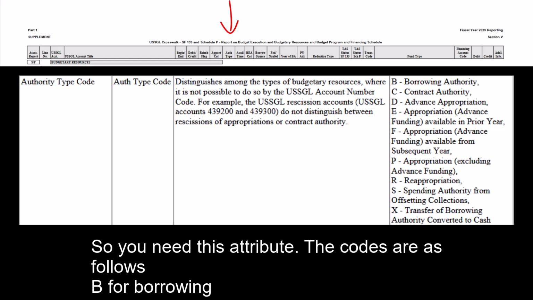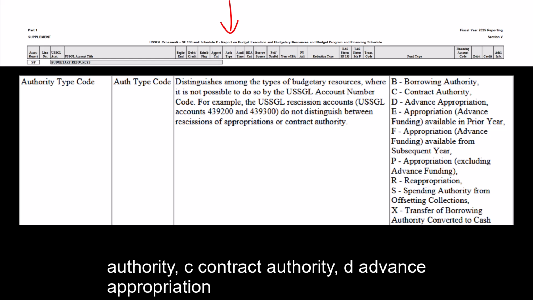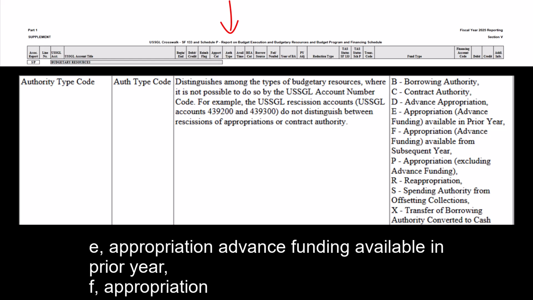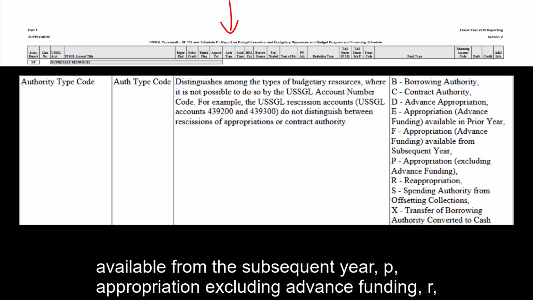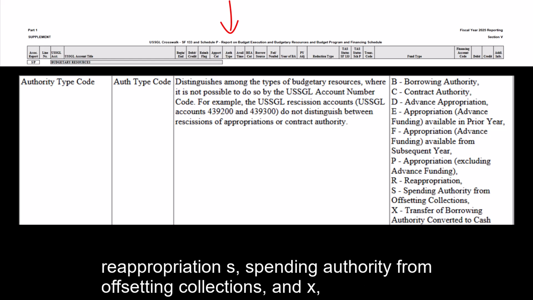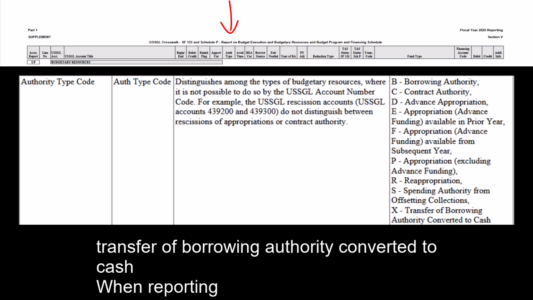B for borrowing authority, C contract authority, D advance appropriation, E appropriation advance funding available in prior year, F appropriation available from the subsequent year, P appropriation excluding advance funding, R reappropriation, S, spending authority from offsetting collections, and X, transfer of borrowing authority converted to cash.